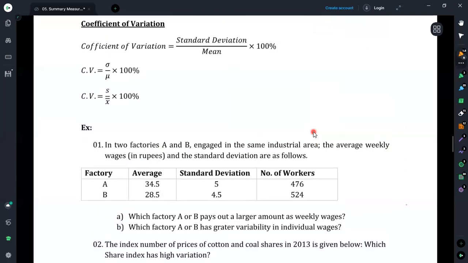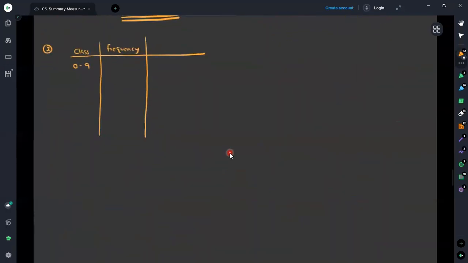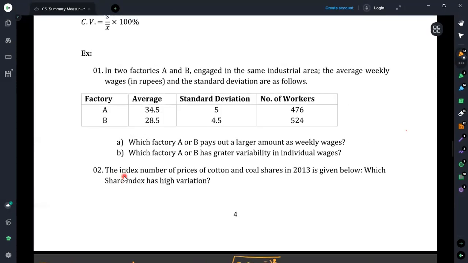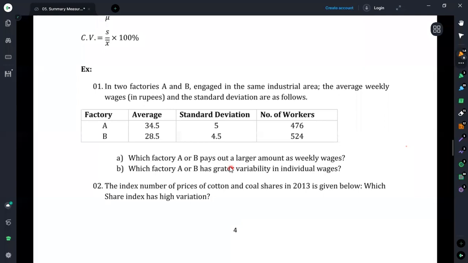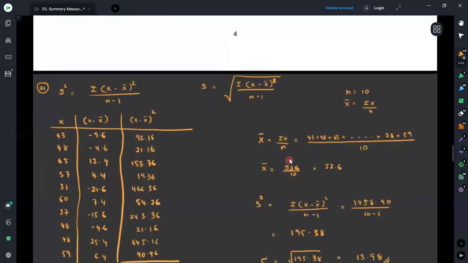Then 10 to 19. Classes are given in this way, and the frequencies are given as 8, 12, 17, 14, 9, 7, and 4.